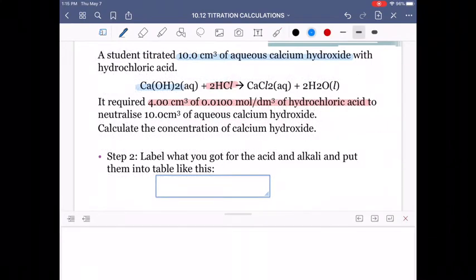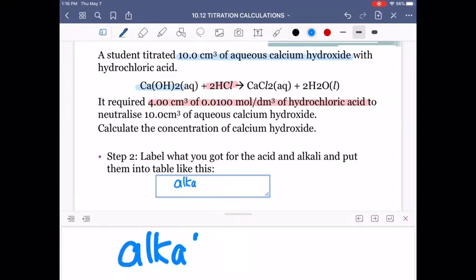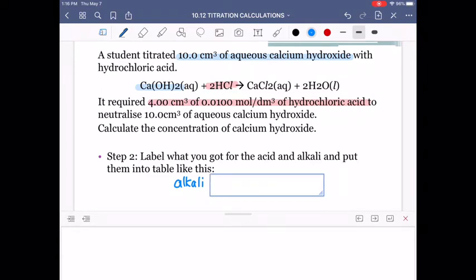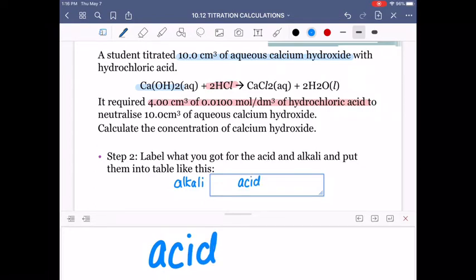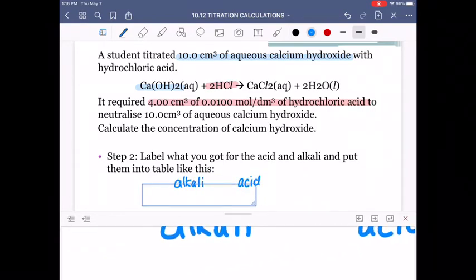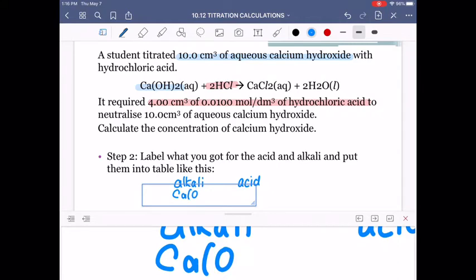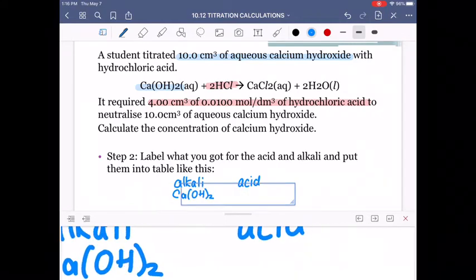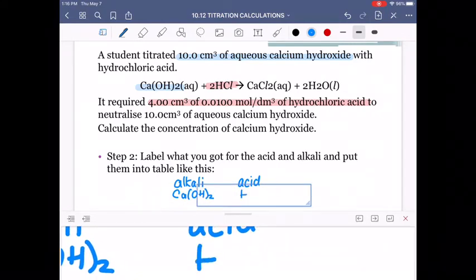Alright, second step, label what you got for the acid and alkali and put them into a table like this. So sort them out. What is the alkali? What is the acid? Your alkali is your CaOH2. Your acid is HCl.